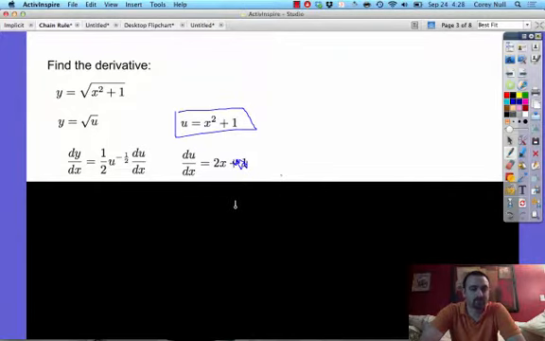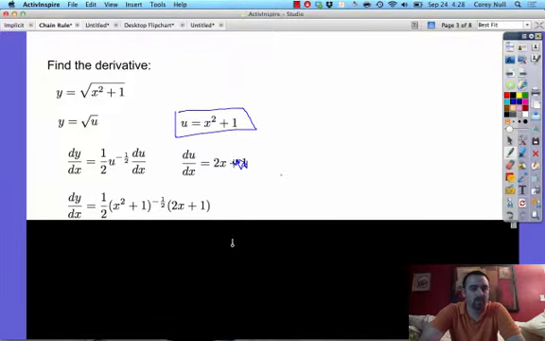So dy/dx is 1/2 times the original u to the negative 1/2 power. That's the derivative of the square root function with the original function still inside of it, times 2x. So the derivative of the outside function with the original function still inside of it, times the derivative of the inside function.